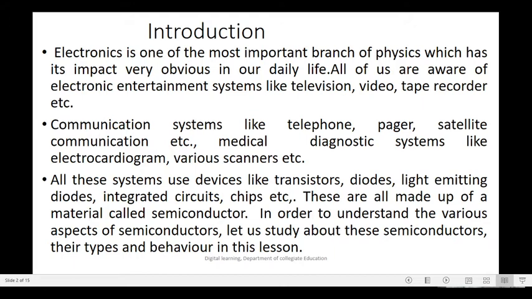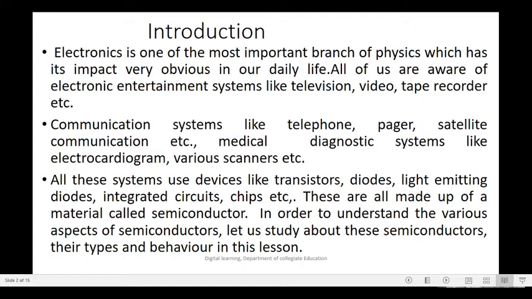All of us are aware of electronic entertainment systems like television, video, tape recorder, etc. Communication systems like telephone, pager, satellite communication, etc. Medical diagnostic systems like electrocardiogram, ECG, various scanners, etc. All these systems use devices like transistors, diodes, light emitting diodes, integrated circuits, chips, etc.